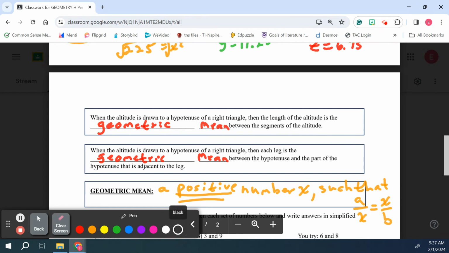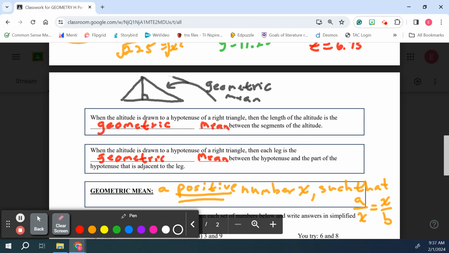Now the other thing, you guys are getting a lot of words here, but probably a visual would be helpful, right? So I'm going to draw the visual up here with geometric mean, at least to the best of my ability. Just remember, Mrs. Smith is not an artist. So your geometric mean is going to be this side, or that altitude.